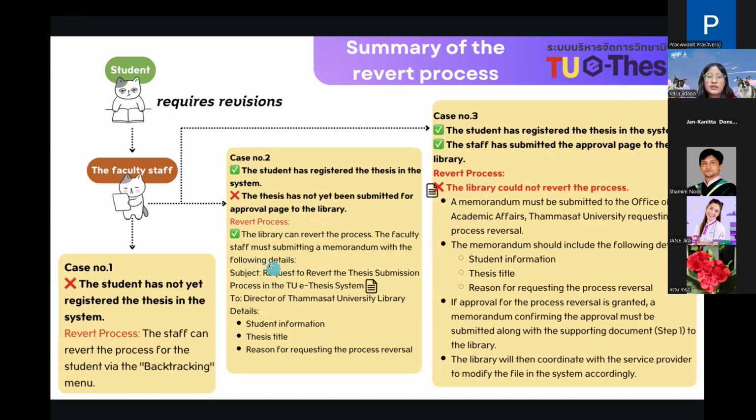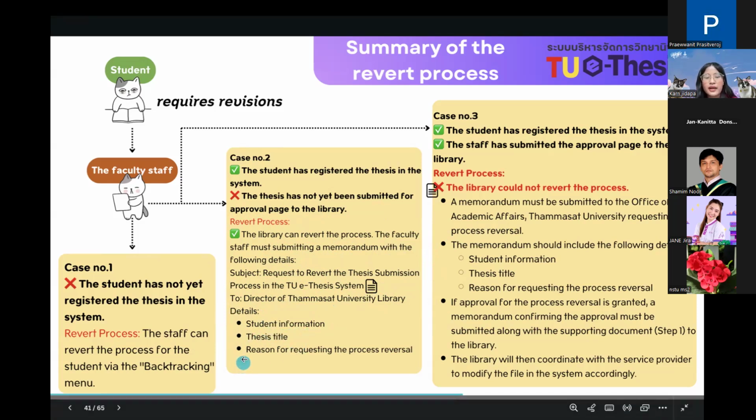For the subject, it should be request to reverse the thesis submission process in the TUE system, and addressed to the director of Thammasat University Library. And the detail includes student information, thesis title, and reason for requesting the process reversal.